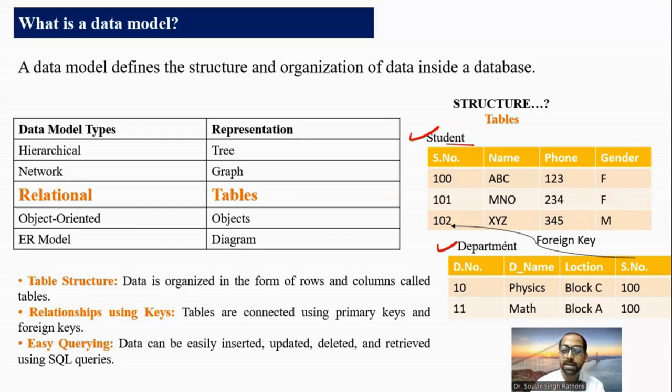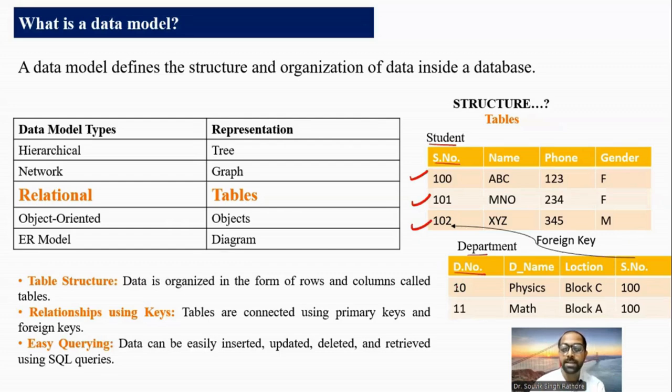These tables are connected with the help of certain keys. The primary keys, such as serial number and department number, help in identifying each record uniquely. For example, in the student table, serial number is a primary key which helps in identifying these records.